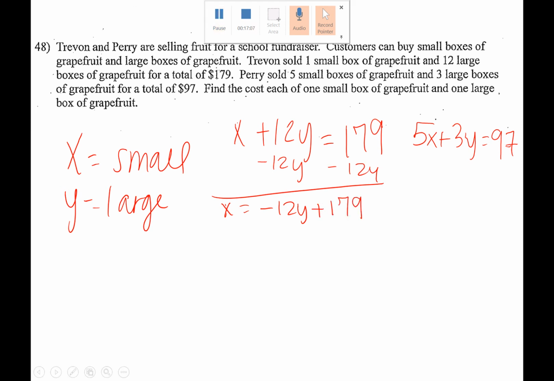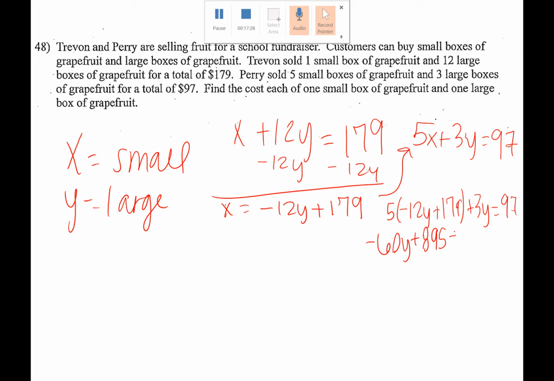Once I got that there, then I knew I could plug this x back into this equation over here to the right. So I would have 5 parentheses negative 12y plus 179 plus 3y is equal to 97. And then I would get negative 60y plus 895 plus 3y is equal to 97.